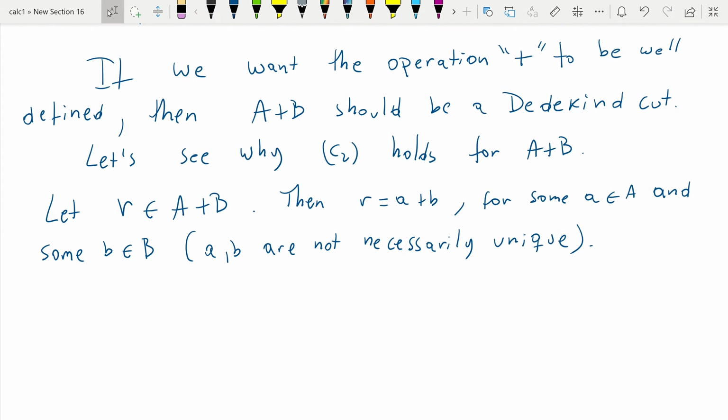But we know that there's at least one a and one b such that this is true, otherwise r would not be in the set A plus B. Okay, so then let s be a rational number such that s is less than r, which is equal to a plus b.